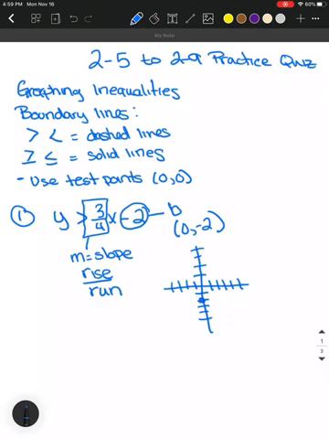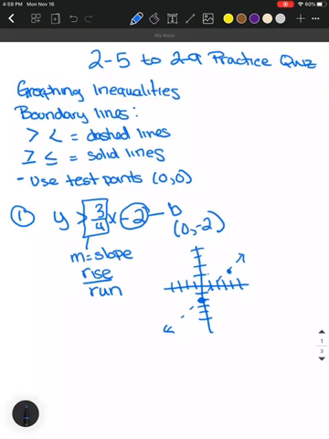From this point, I am going to rise 3 and run 4. So 1, 2, 3, run 1, 2, 3, 4. And that's where my new point is. My inequality is greater than, so I'm going to have a dashed line coming through.